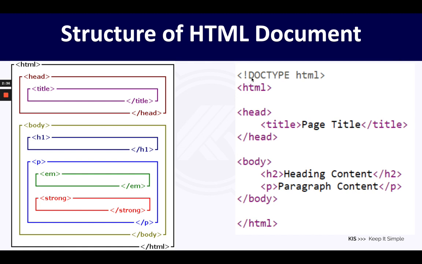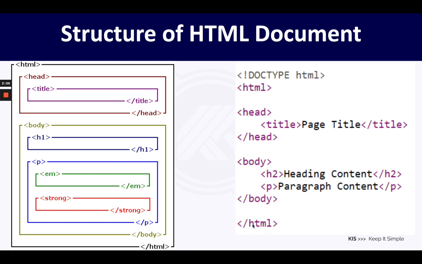Okay, so we have this doctype tag, and then we have the HTML. This is how you would present an HTML document. This is what we call a tag. So we have the HTML enclosed in two angle brackets. This is the opening tag of the HTML element, and then down at the bottom you have the closing tag.